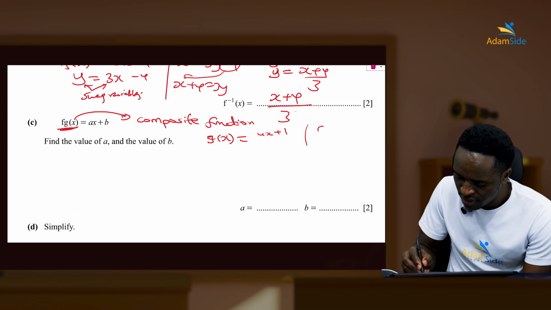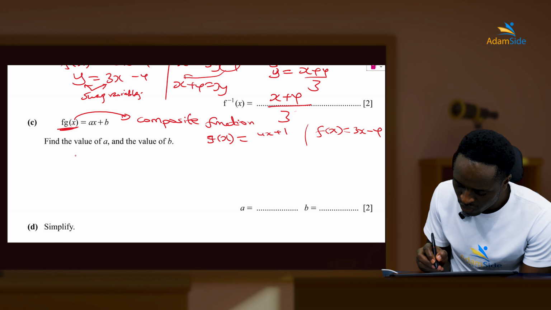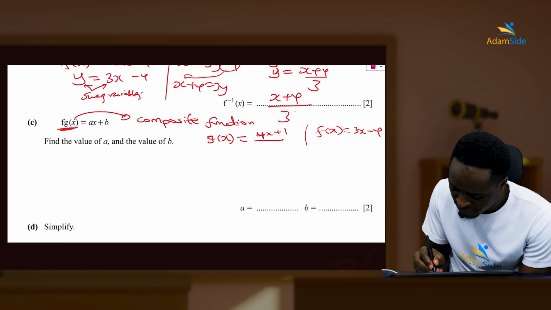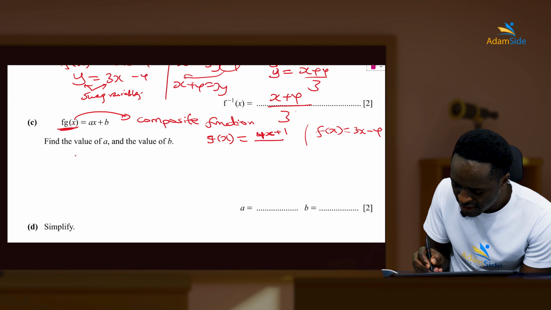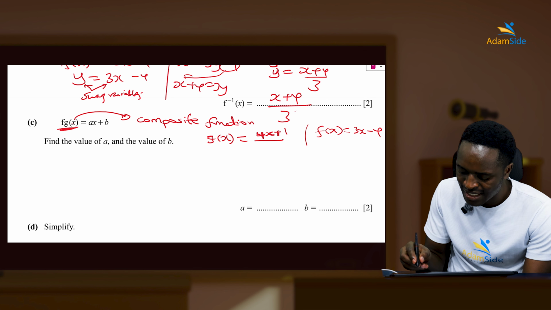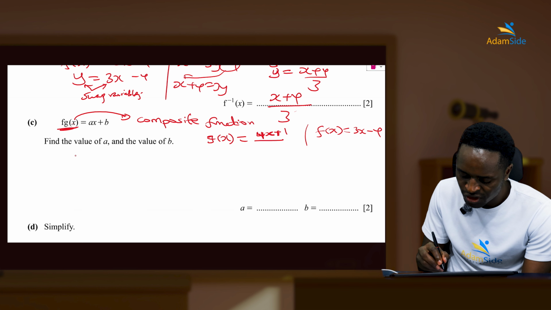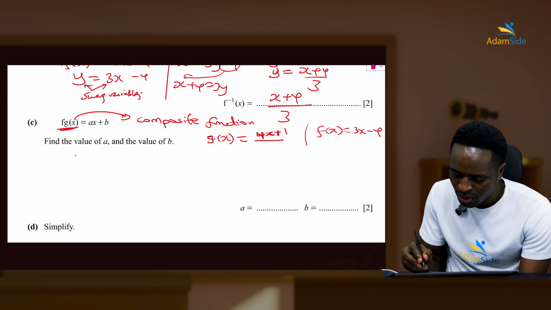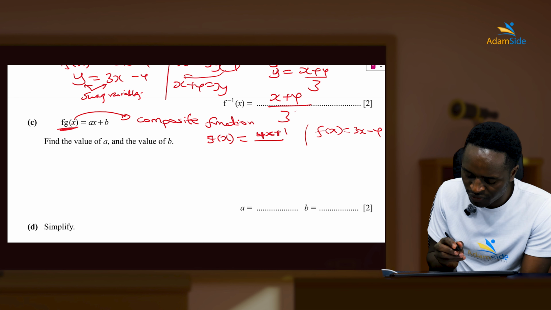And then we have f of x as 3x minus 4. Correct. Now we have g of x as 4x plus 1, and then we have to use it as the output of g of x, 4x plus 1, and apply it as input in the function f of x.